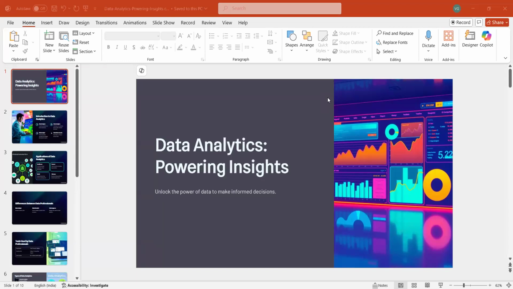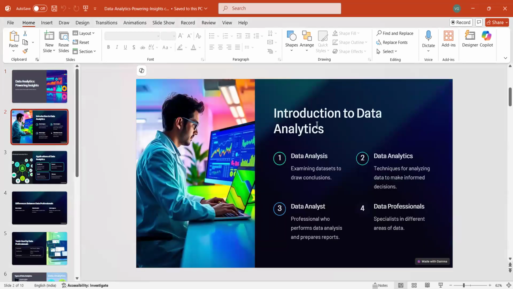So here we have to understand the difference. We know what data is. Data is information which will be helpful for the organization. We understood the terminology of data analytics as well. Data analytics is a process of converting the raw data into meaningful insights with the help of various tools and technologies.